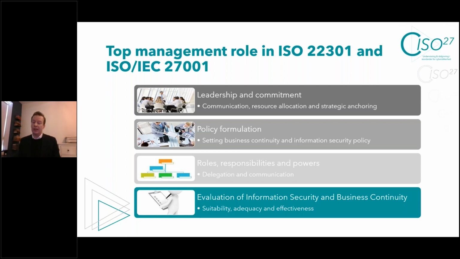They have formulated policies on business continuity and information security because that is a requirement of each of the standards. They've ensured that there is an organizational setup, with authorities being given across the organization. I'm writing powers here. I think authority is a better word for the requirement of the standard.